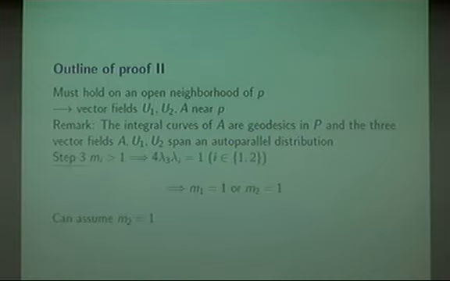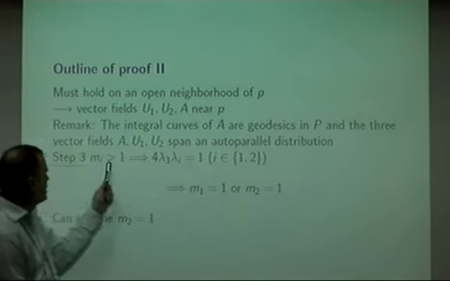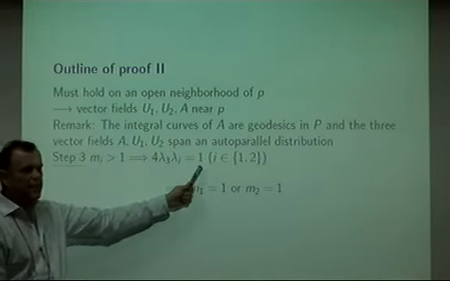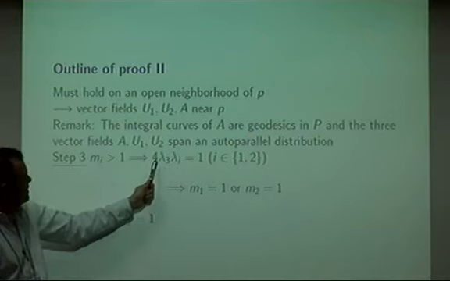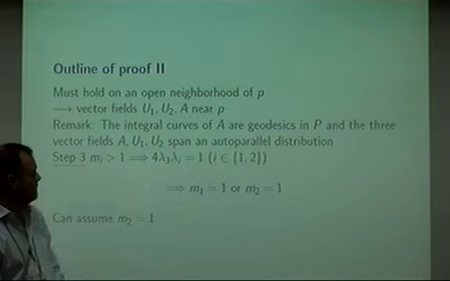The next step is inserting all this information into the Gauss-Codazzi equations. So when we assume that the multiplicity of a principal curvature is bigger than 1, one gets a simple equation. 4 times the product of lambda 3 with lambda i is equal to 1.